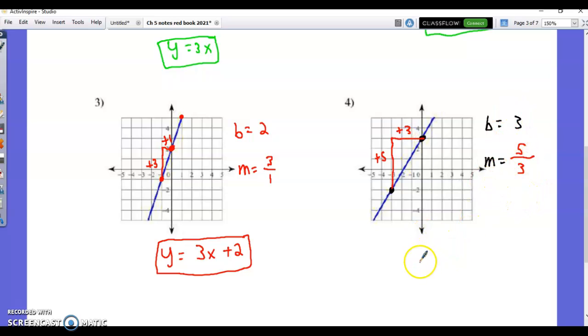So my equation would be y equals 5 over 3x plus 3. All right. So again, this section is to be able to identify your b, identify your slope between 2 points, and then write the equation of that line, the equation that this line represents.